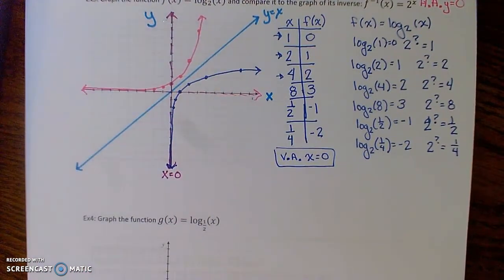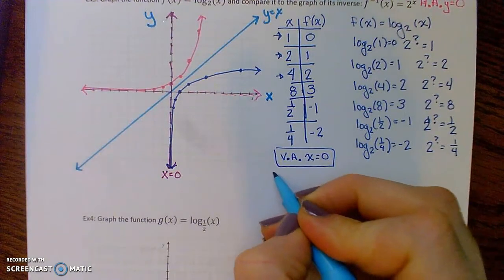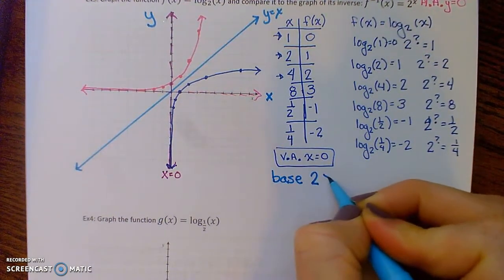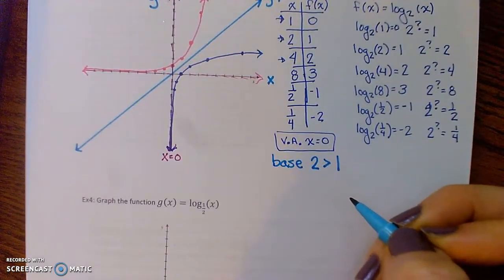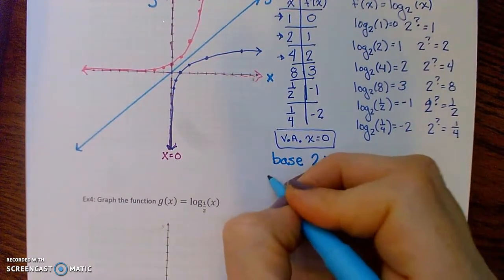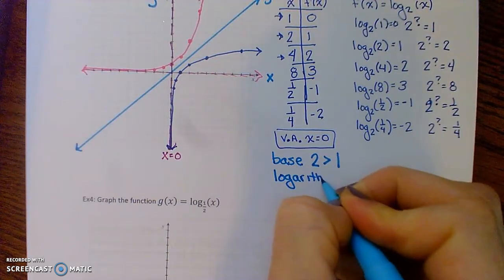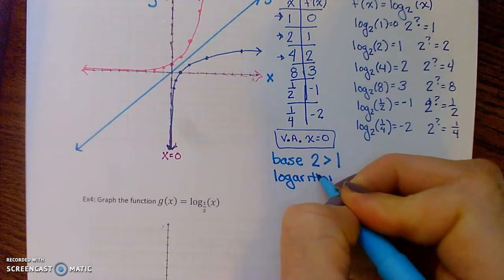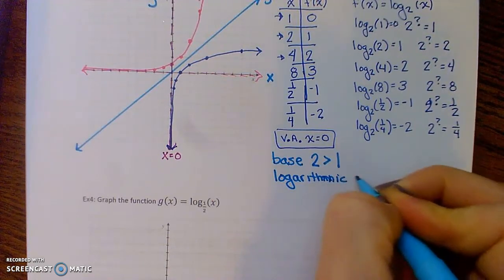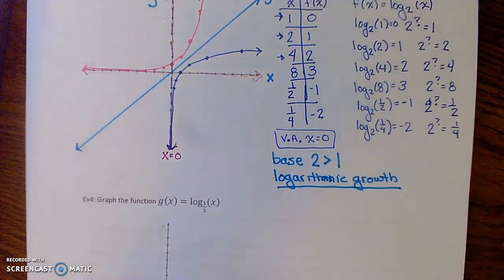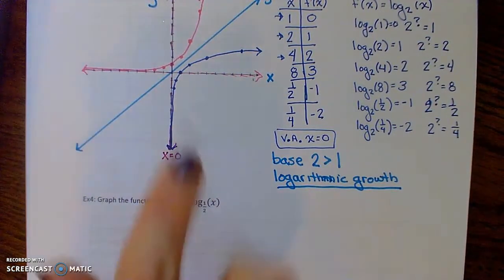Oh, and we should also notice that since our base, the base 2, is bigger than 1, what we have here is logarithmic growth. Just like with exponentials, if the base of the exponential was bigger than 1, you had exponential growth.